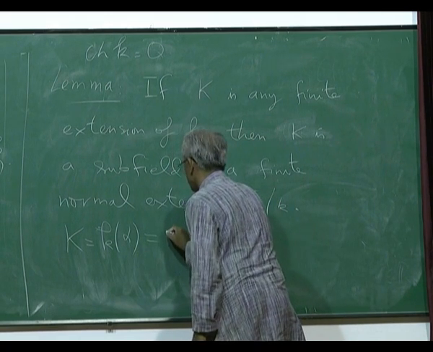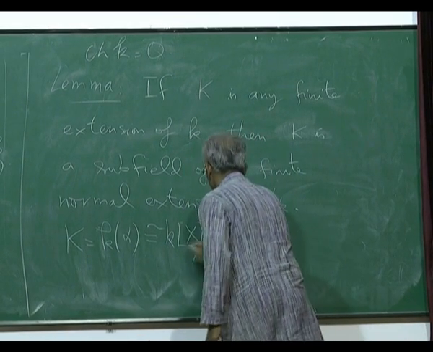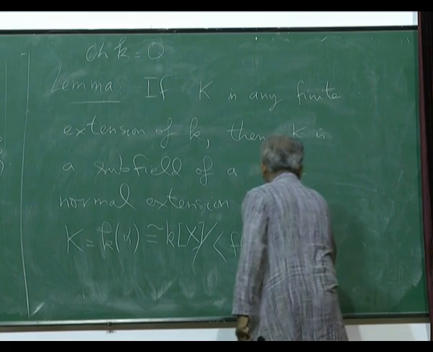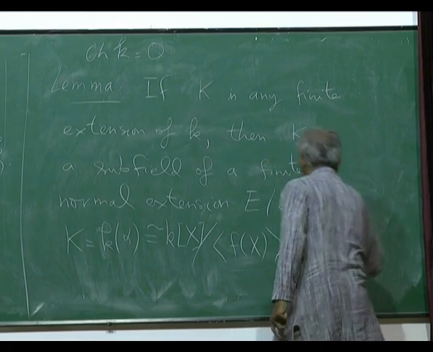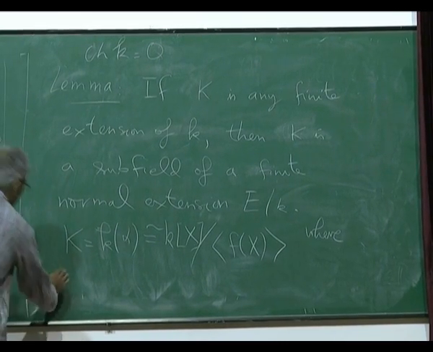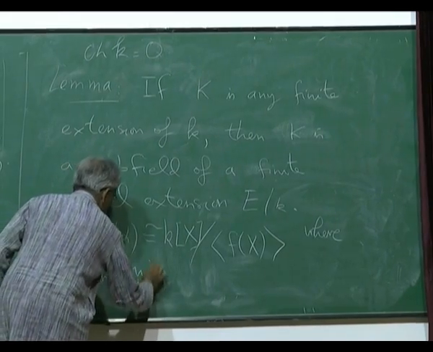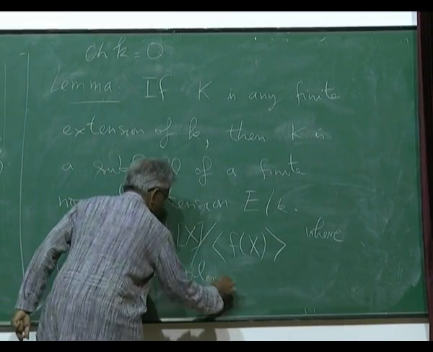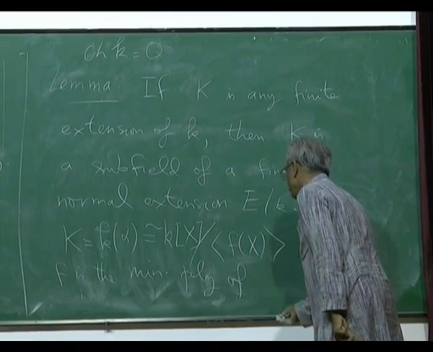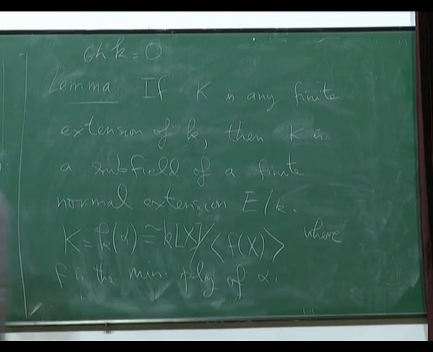This is the same thing as k[x] modulo some polynomial f(x), where f is the minimal polynomial, minimal meaning monic irreducible polynomial satisfied by alpha, minimal polynomial of alpha. Okay, I take that.